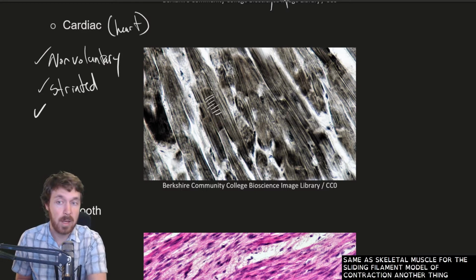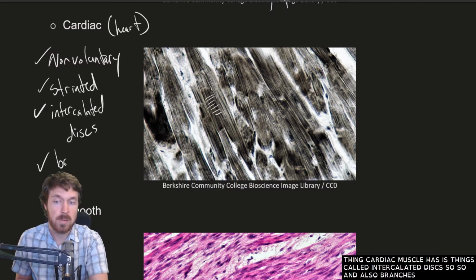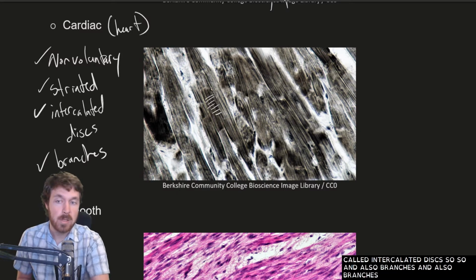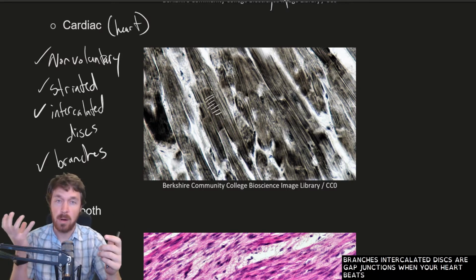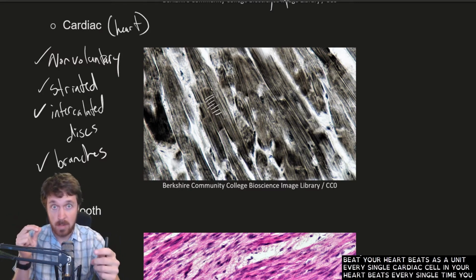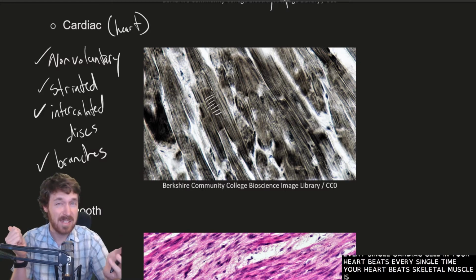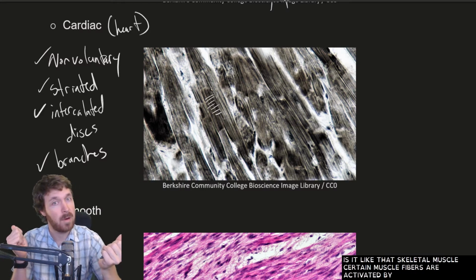Another thing cardiac muscle has is something called intercalated discs, and it also branches. Intercalated discs are gap junctions. Your heart beats as a unit. Every single cardiac cell in your heart beats every single time your heart beats. Skeletal muscle isn't like that. In skeletal muscle, certain muscle fibers are activated while certain ones are relaxing.